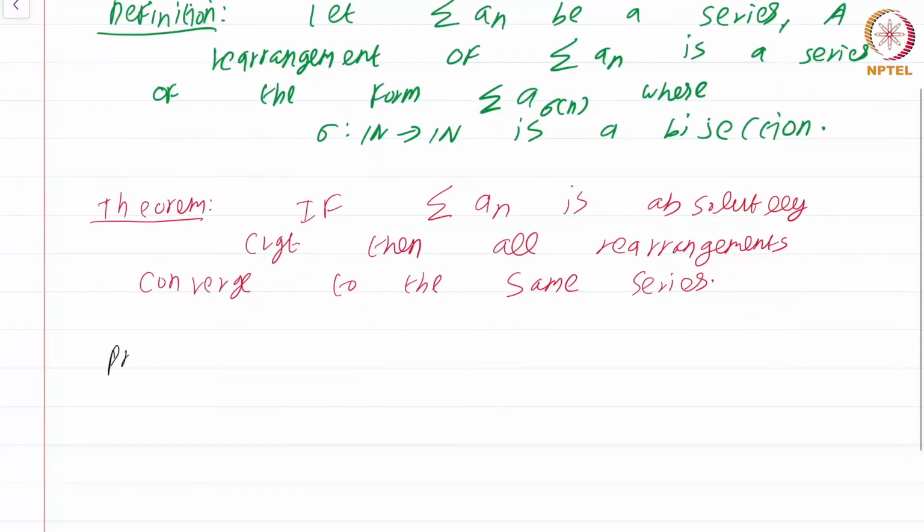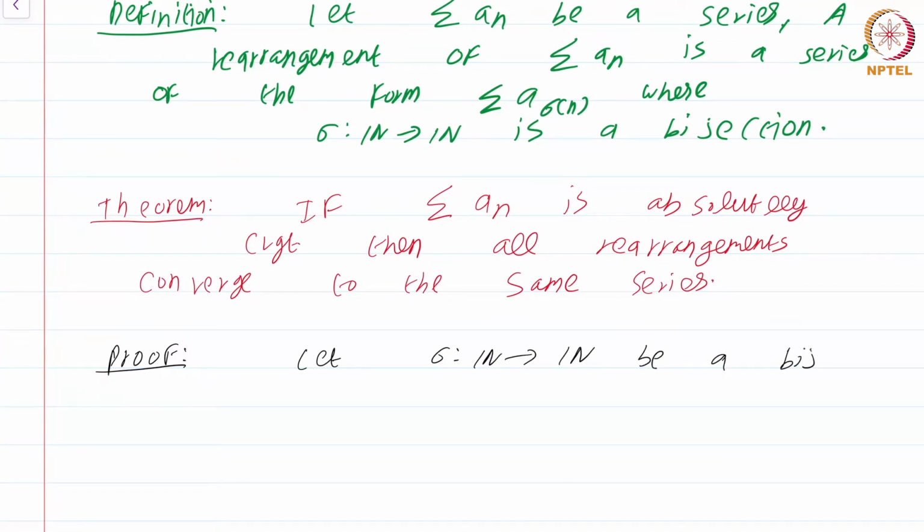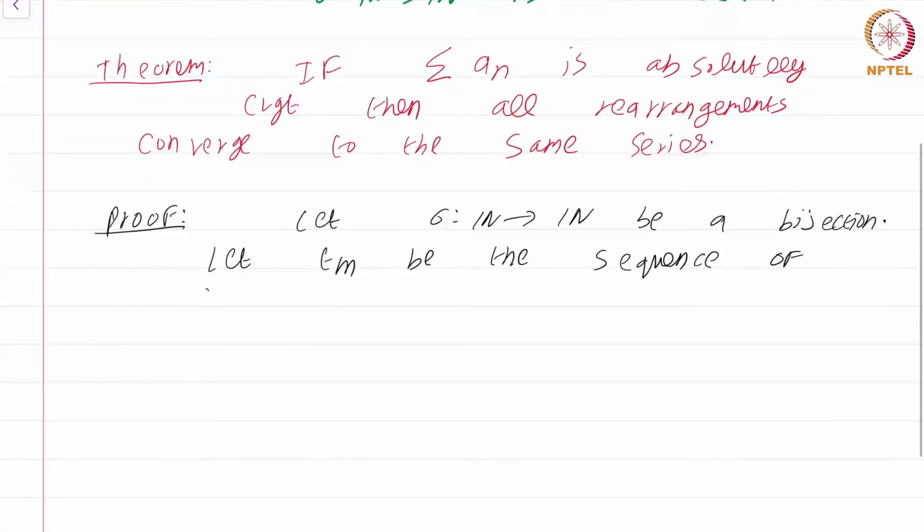Proof. First, I am going to show that a rearranged series will converge, in fact will converge absolutely. So let sigma from N to N be a bijection. Let T_m be the sequence of partial sums of summation mod a_{sigma(n)}.